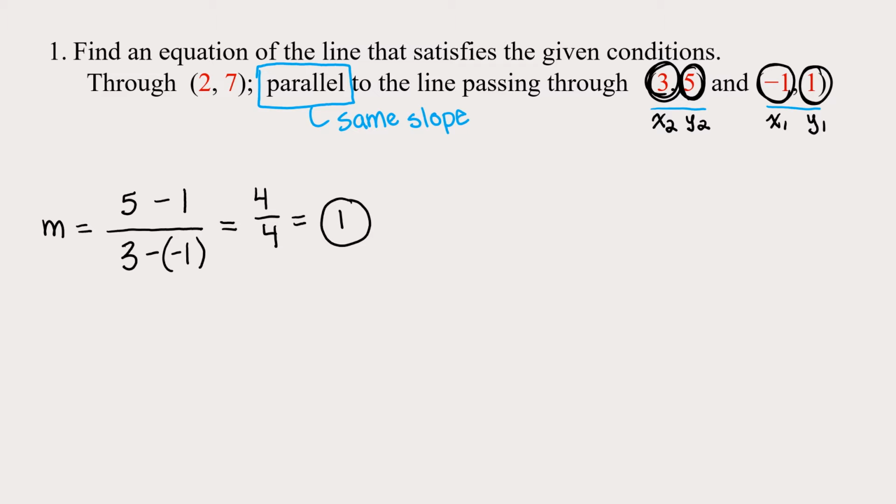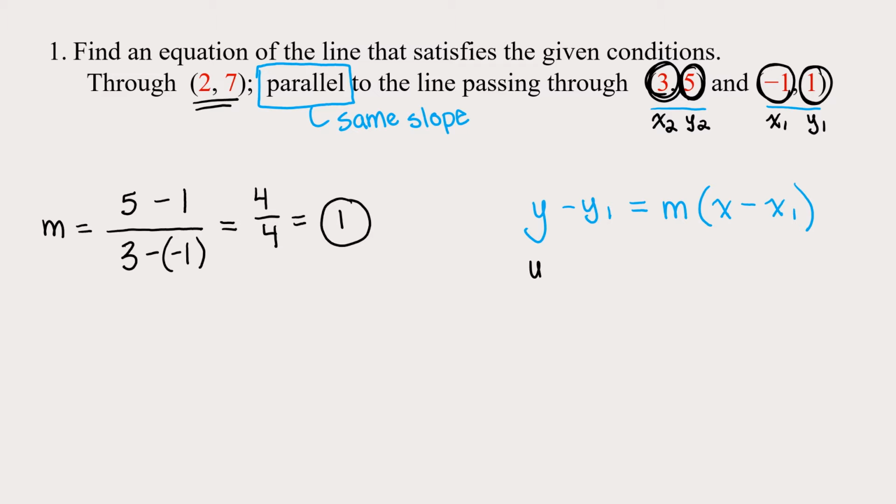So now we know the slope of our line, and we also know one point on our line. Since we know the point and we know the slope, we probably want to use point-slope form. Point-slope form is y minus y1 is equal to m times the quantity x minus x1, where the regular y and regular x without subscripts are variables, and we're going through the point (x1, y1).